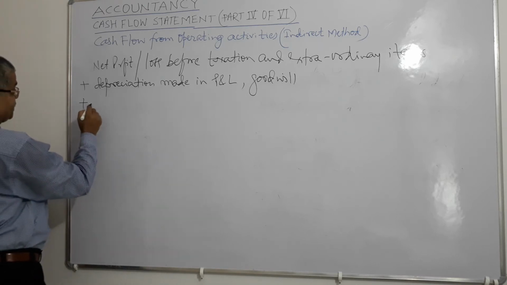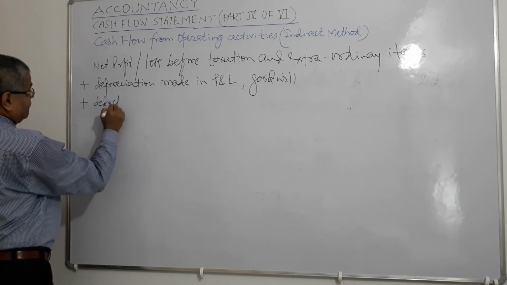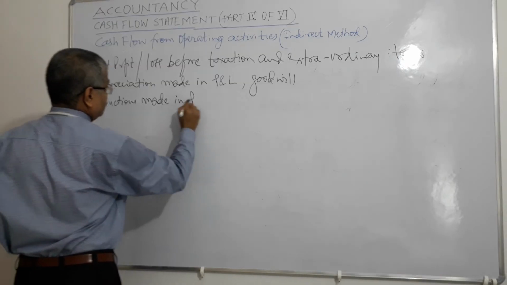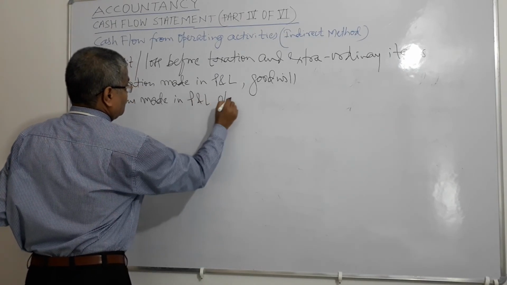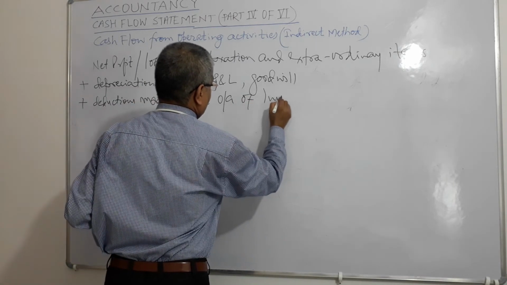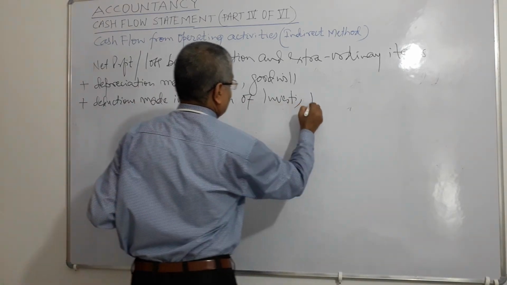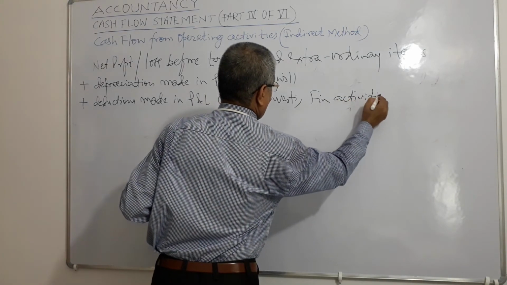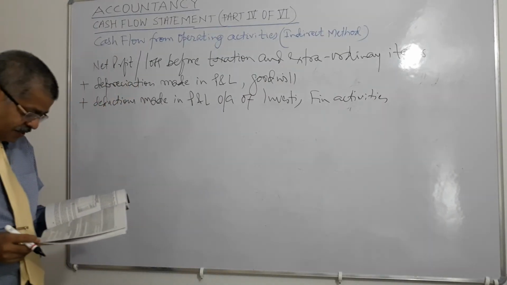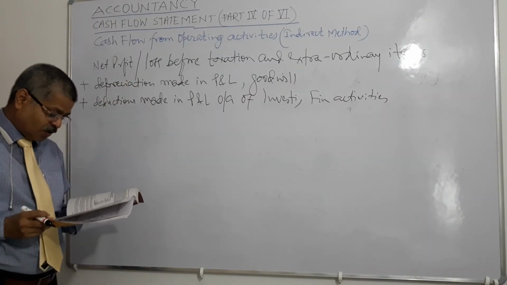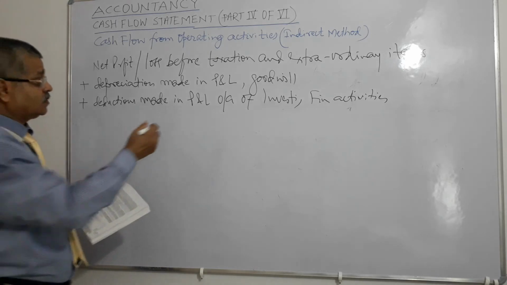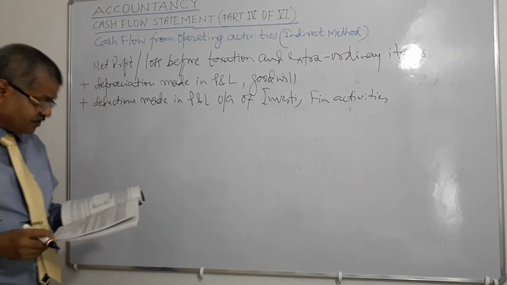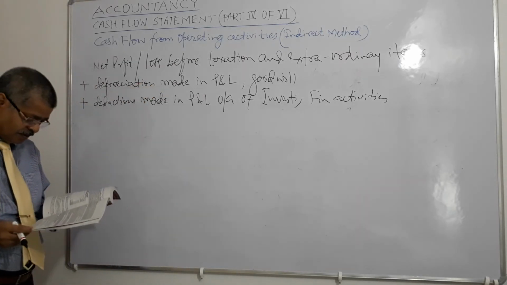We have already discussed deductions made in P&L on account of investing, financing activities, right? Deduction already made in the P&L statement on account of non-operating items or items arising out of investing, financing activities. They are non-operating items, right?